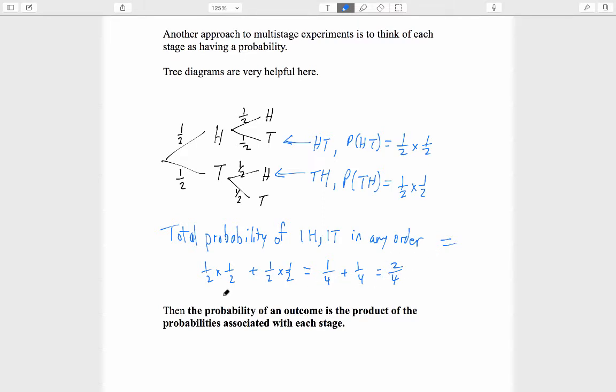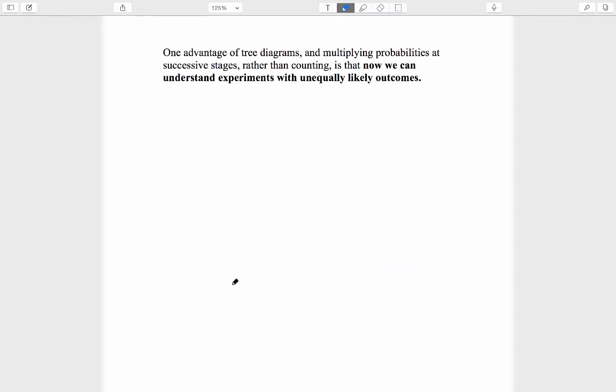The new thought process here is that the probability of a single outcome is the product of the probabilities associated with the stages along the way towards obtaining that outcome. And then, as before, the probability of an event equals the sum of the probabilities of the individual outcomes contributing towards that event.